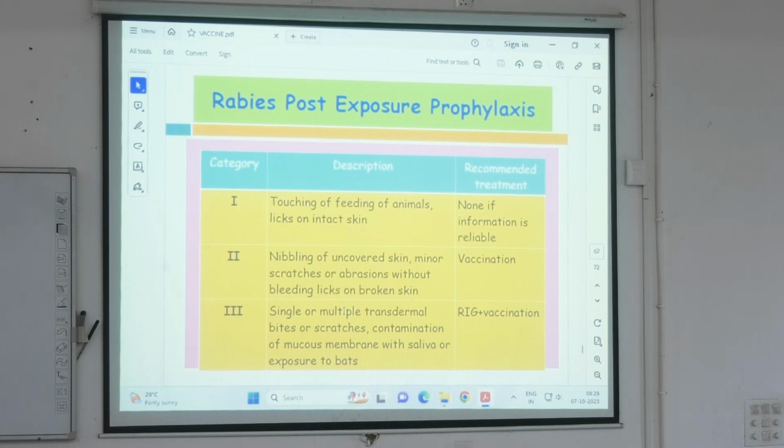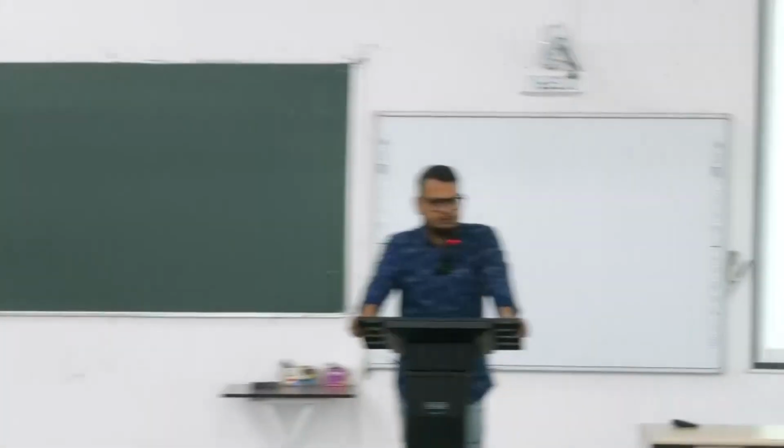Okay. Rabies, you probably have studied in microbiology. Rabies has a long incubation period, even longer than HIV. The funny thing is, the highest incubation period ever recorded in human history for rabies is 99 years.